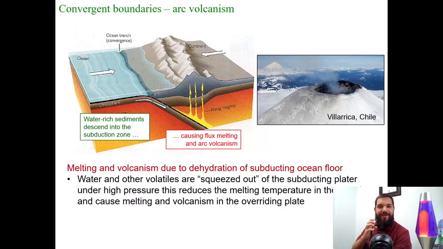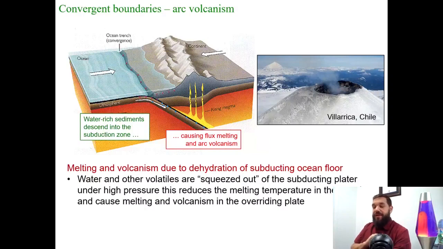It's so hard to understand that you can melt something without changing the temperature, but you can. Think of melting ice with salt. The temperature doesn't change. The pressure doesn't change. It's all the addition of water to the mantle that changes the melting temperature, that causes it to melt.